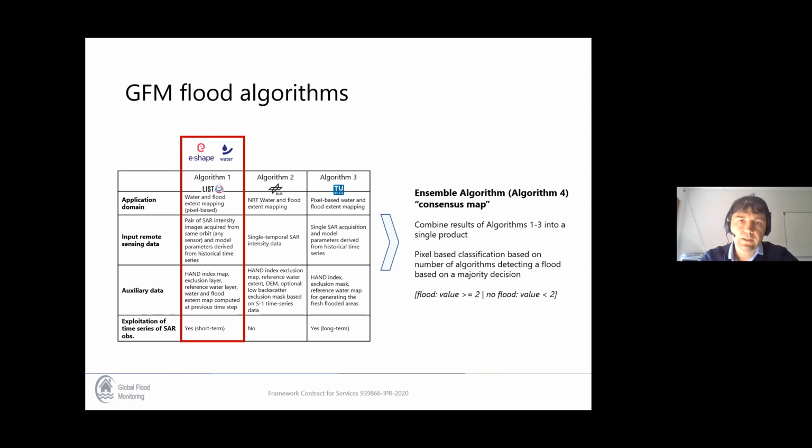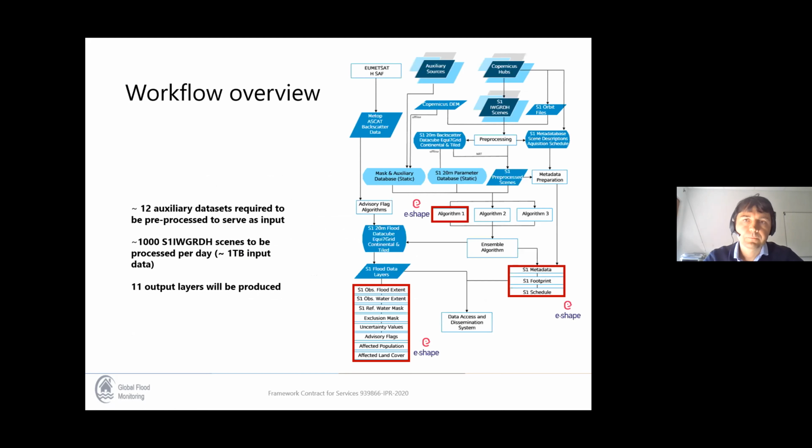So they look at an entire stack of images and do a time series analysis of backscatter over time to decide if a pixel on a given date is flooded or not. So in the end of this service, we have an ensemble algorithm. We look at the classifications achieved with these 3 algorithms, and then based on the majority decision, we classify a pixel as flooded or not.